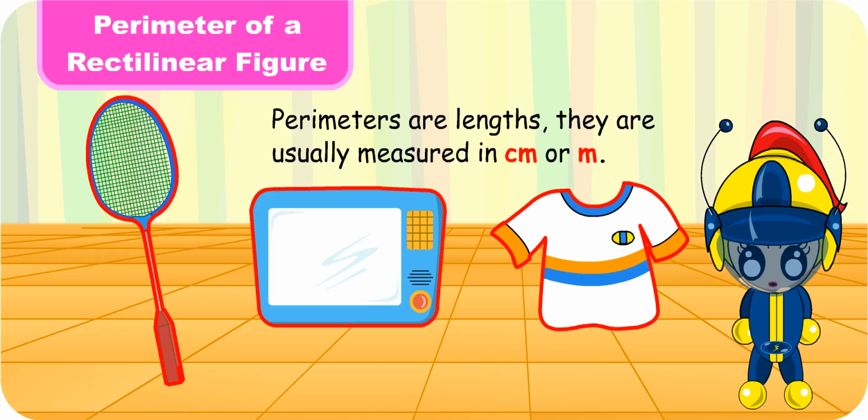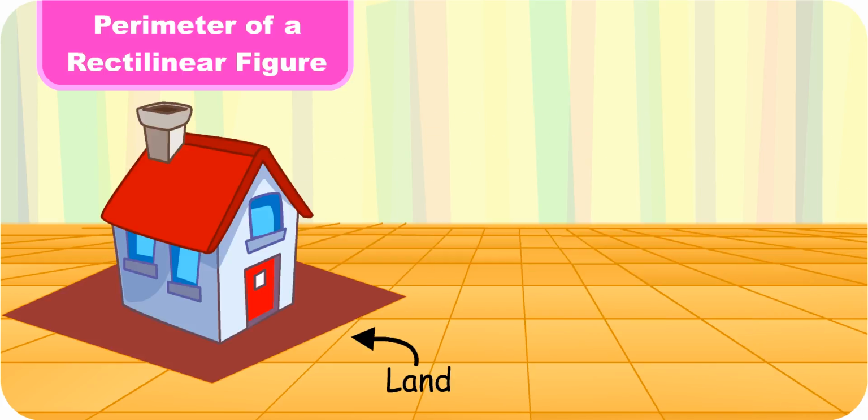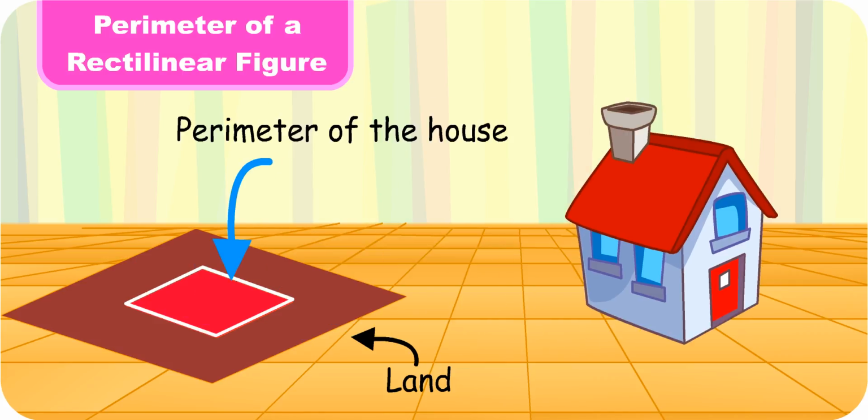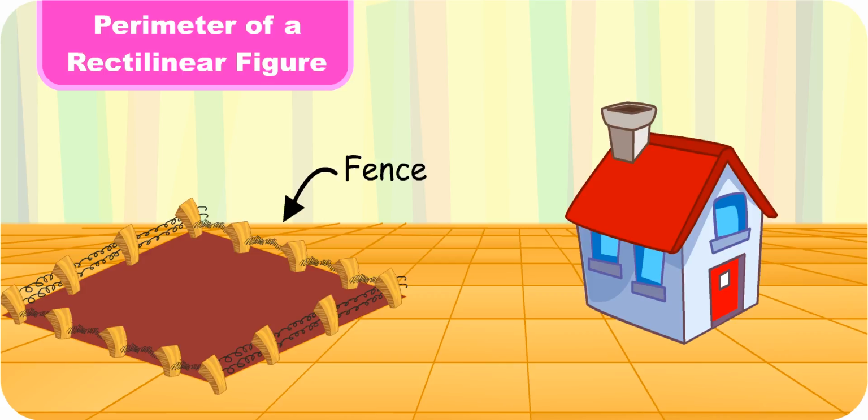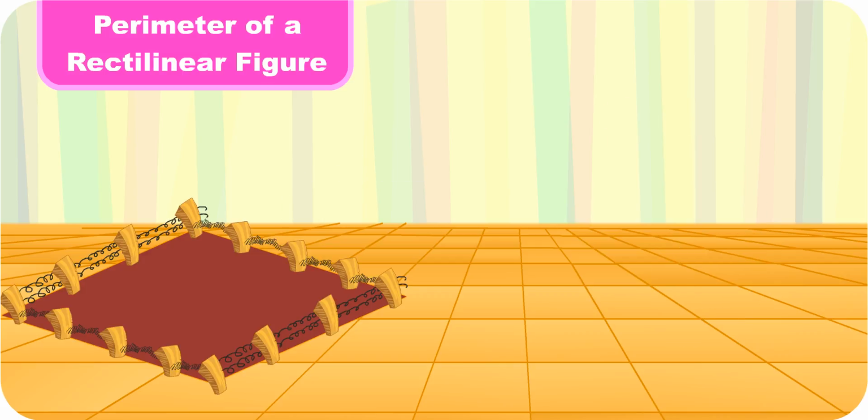Teacher, is perimeter important in our daily activities? Yes, it is. For instance, when an architect is designing a house, he has to measure the perimeter of the house. Another example is when the owner of a house wishes to put up a fence. He has to find the total length of fence that is required.